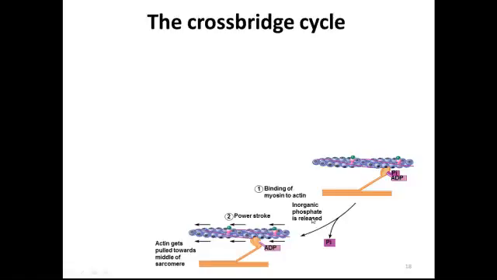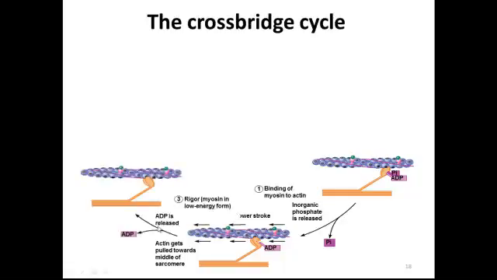When the inorganic phosphate is released, it goes to the next step, which is the power stroke, where the head changes conformation and pushes the actin towards this side, the arrow pointing to the left side. So that is how sliding is happening.